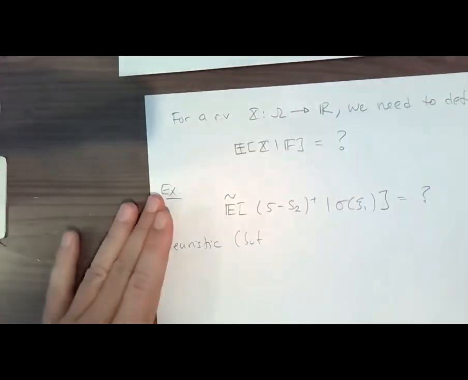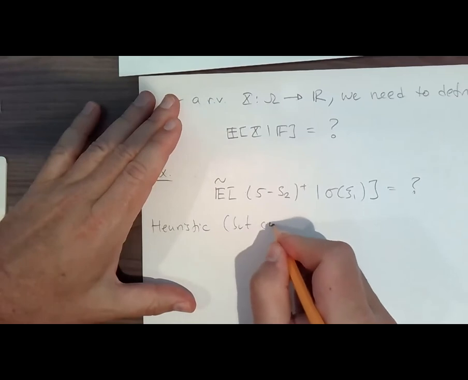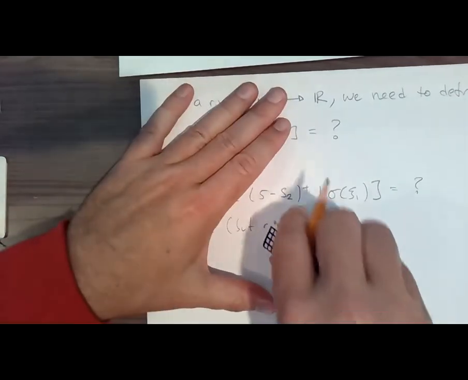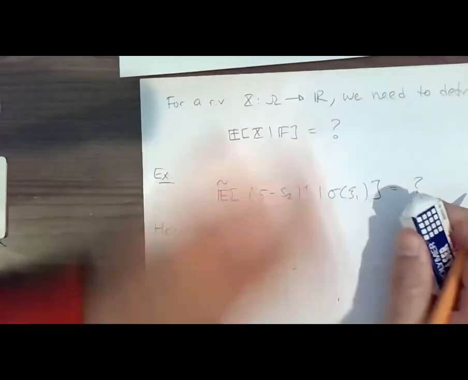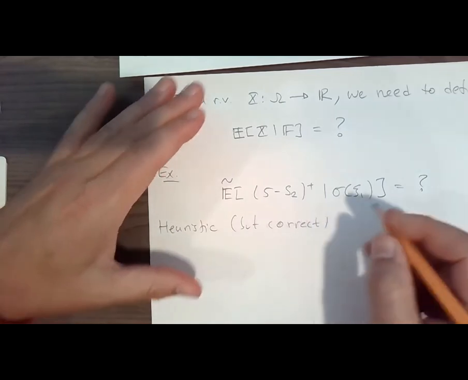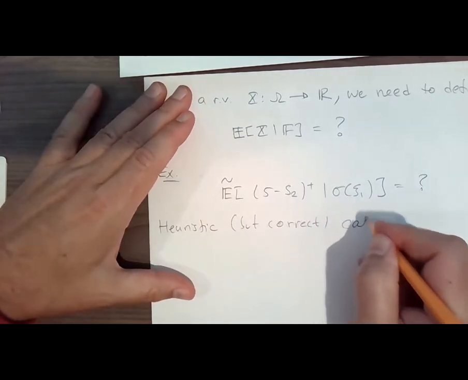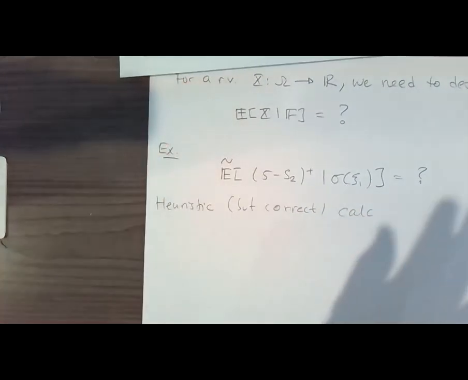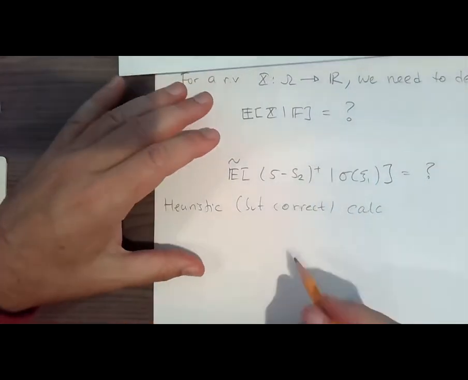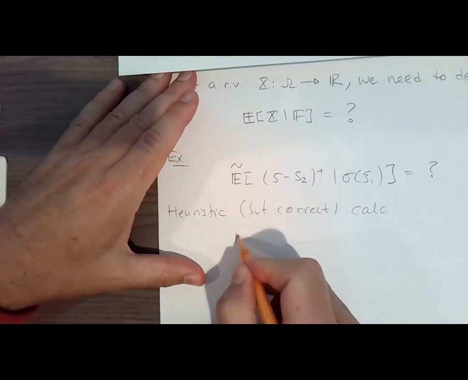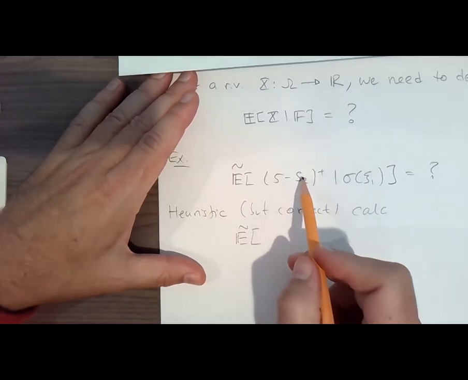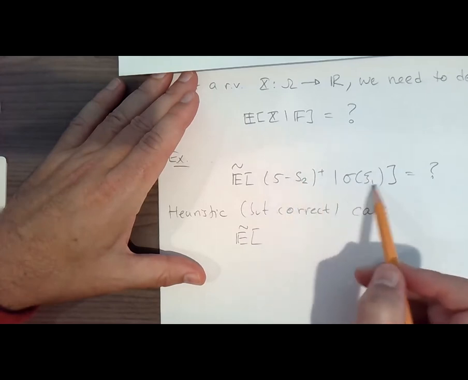It can sound daunting to look at it, but the way you operate with these is not super surprising. It's a heuristic but correct calculation. What is this thing here equal to? Well, the way you go about doing it is you relate S2 and psi1. This is the first coin flip.